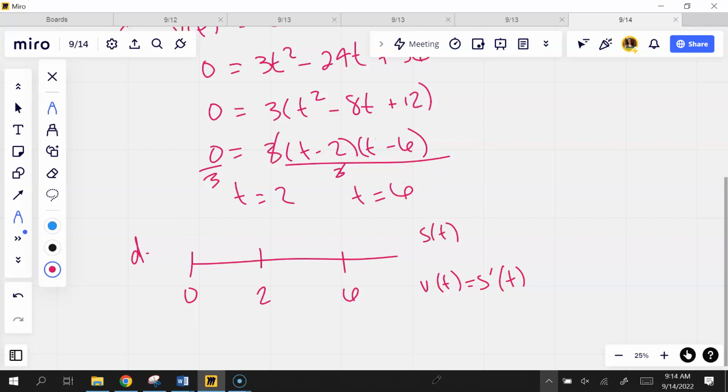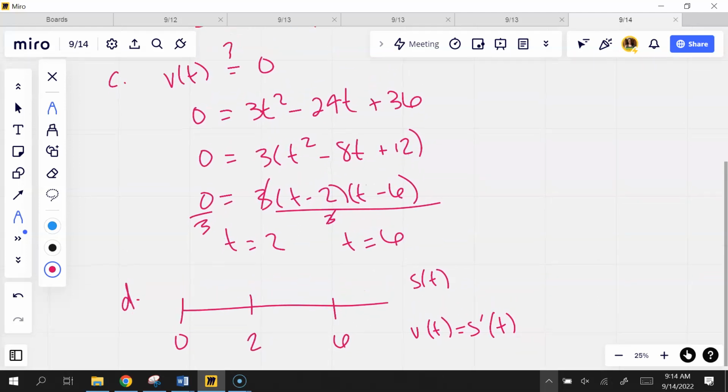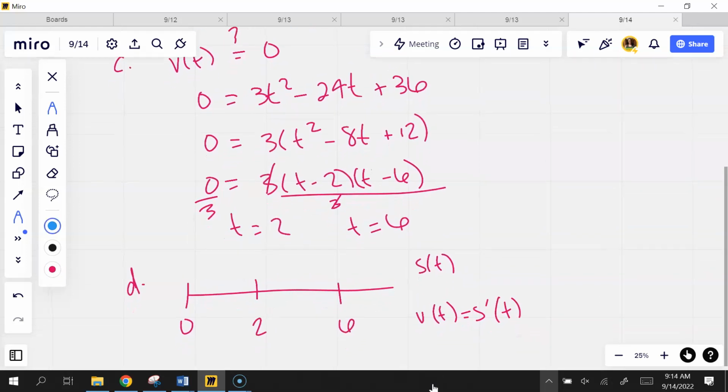So between 0 and 2 is my velocity equation positive or negative? So I put in a 1. 3 minus 24 plus 36. Is that positive or negative? Negative 21 plus 36 is positive.